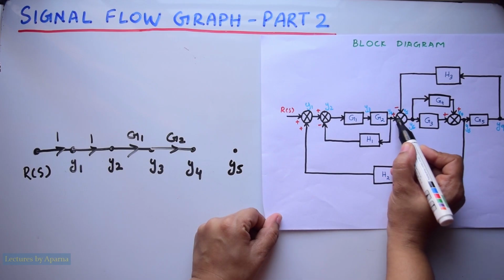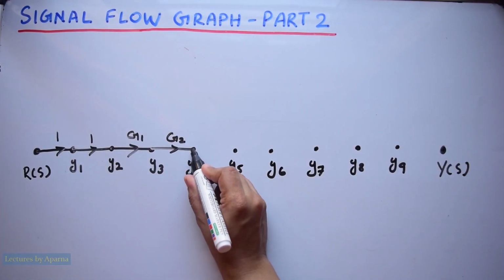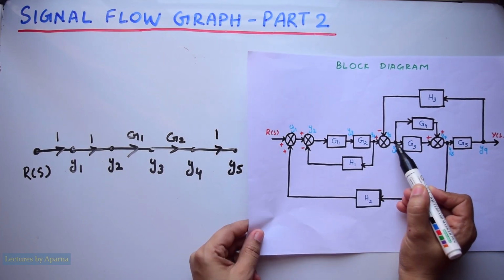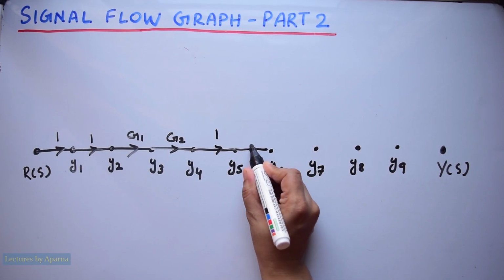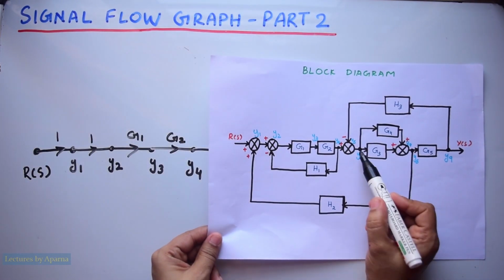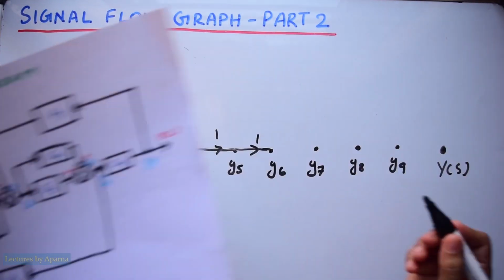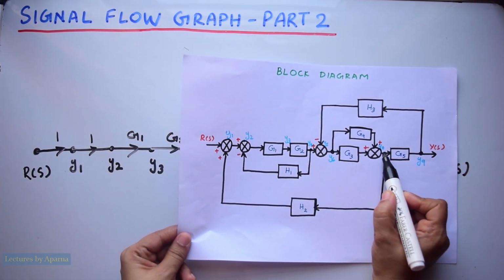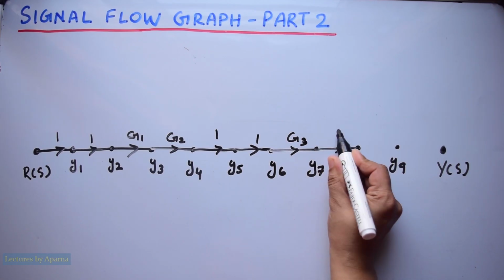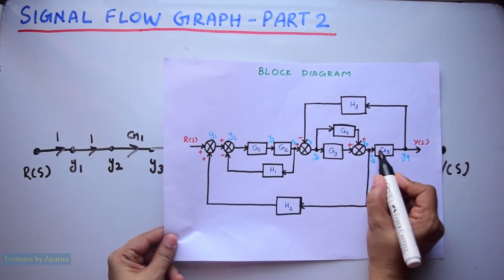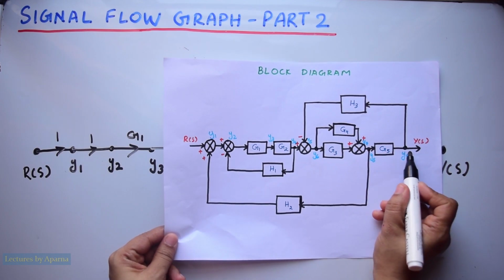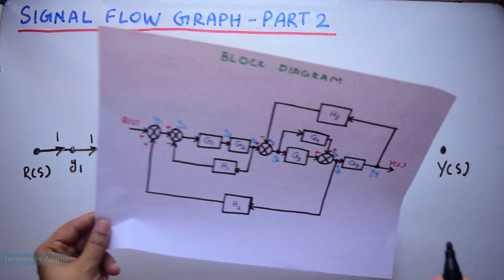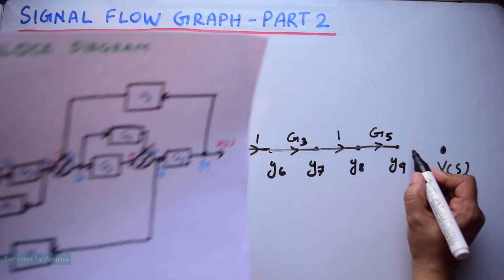From Y4 to Y5, the gain is 1. From Y5 to Y6, the gain is 1. Y6 to Y7, the gain is G3. Y7 to Y8, gain is 1. Y8 to Y9, gain is G5. And from Y9 to Y of S, gain is 1.